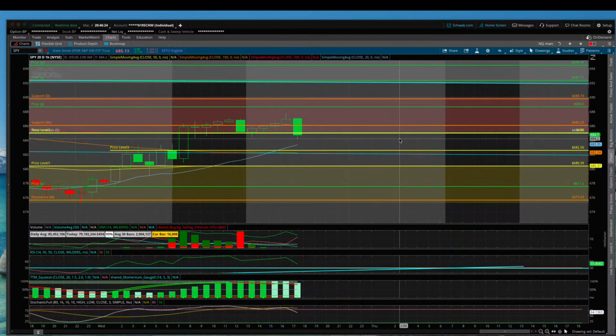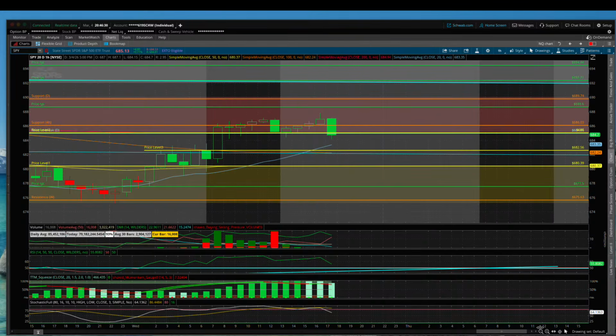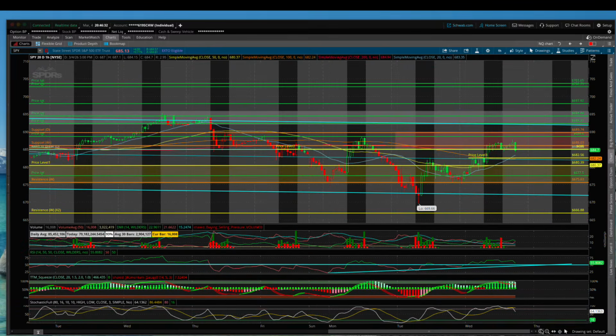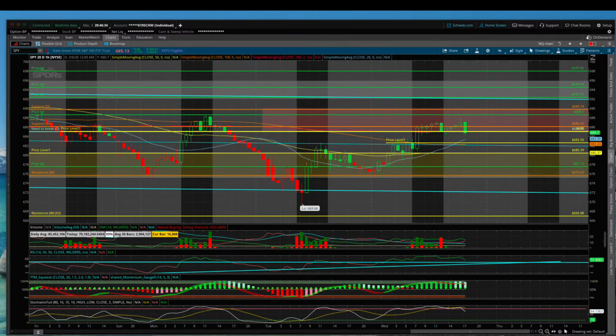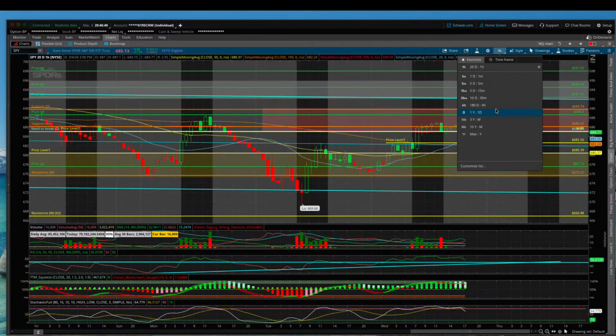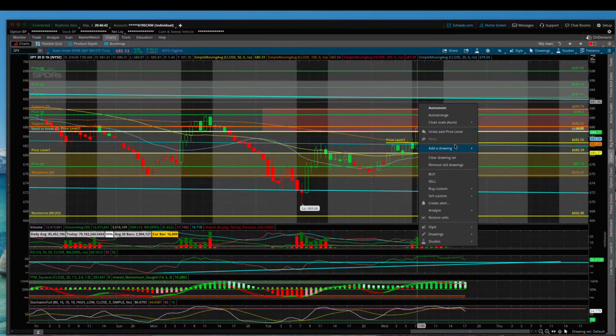ES is the one that showed it. SPY is the same exact setup, the same thing. So we could see that larger inverse head and shoulders. And what will the targets be? Let's see here.